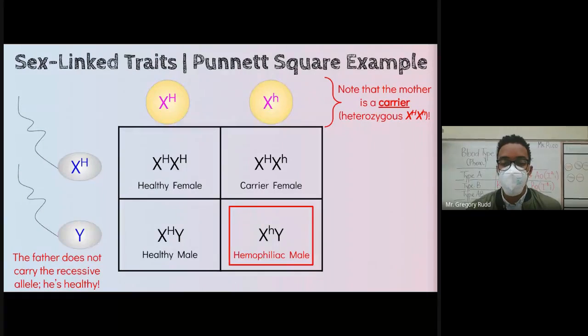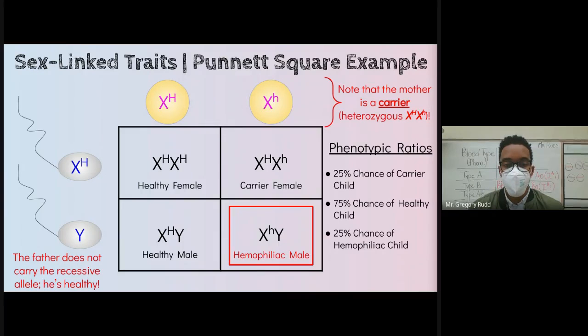Good, thank you, Abigail. There's a 75% chance that their child will not be hemophiliac. They could have a healthy female, a carrier female, or a healthy male, but there is a 25% chance of a hemophiliac child.